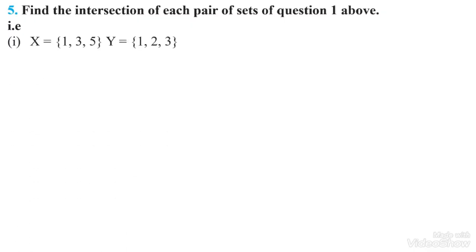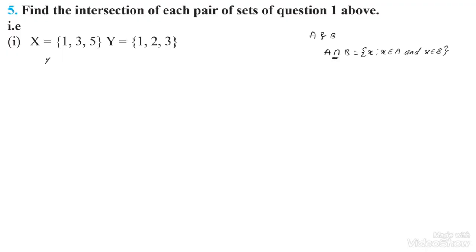According to the definition of intersection, if A and B are two sets, the intersection symbol is written like this: A intersection B is equal to the element x which is present in both the sets. x belongs to A and x belongs to B also. This is the definition of A intersection B. It means an element which is present in both the sets, that is the intersection.